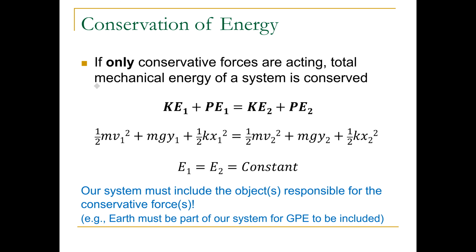Generally, this is not true if there's friction, and it's not true if there's any applied force. If someone is physically pushing these objects, then mechanical energy is not conserved. And if there's friction, mechanical energy is not conserved.